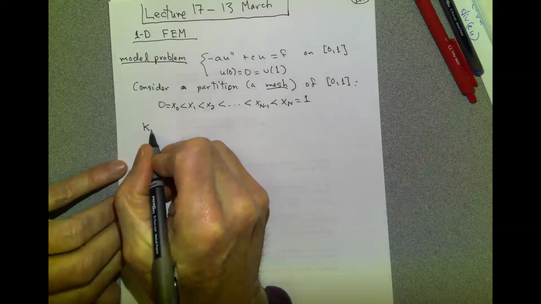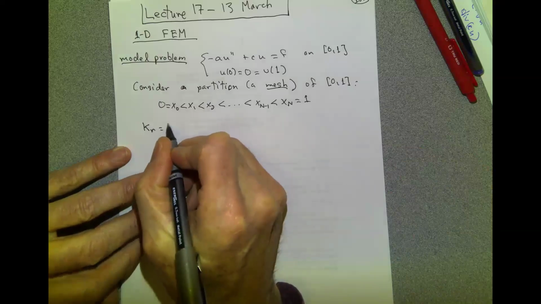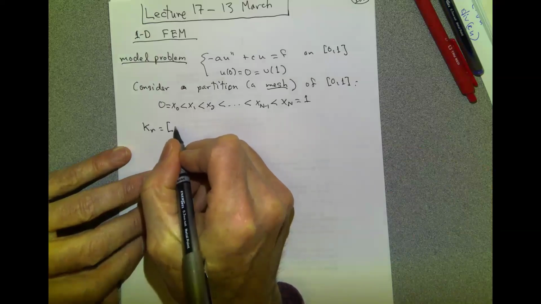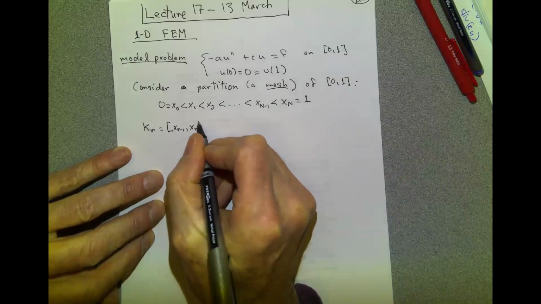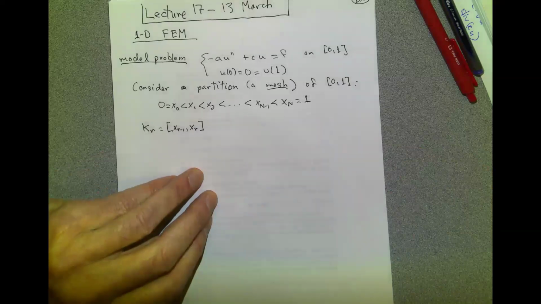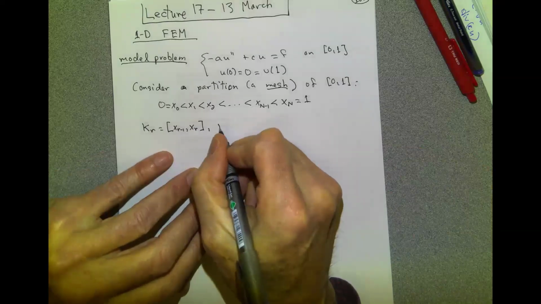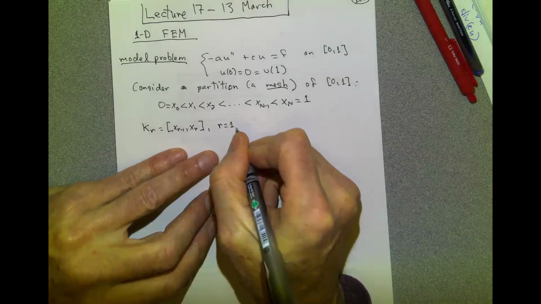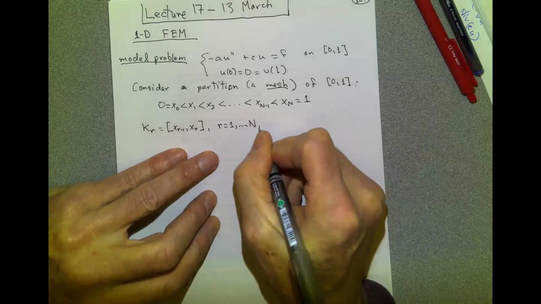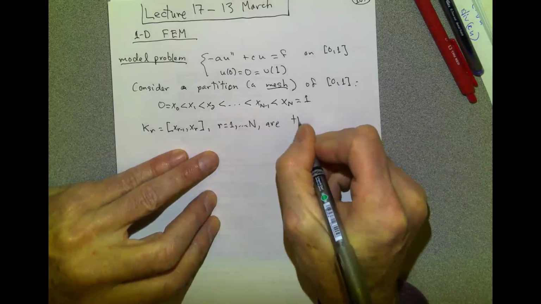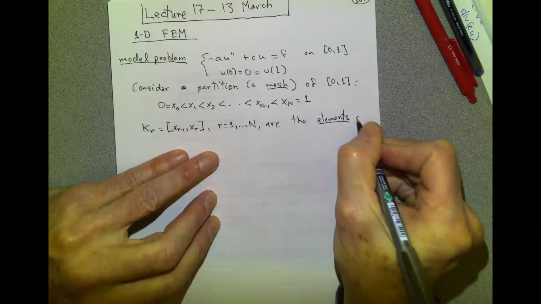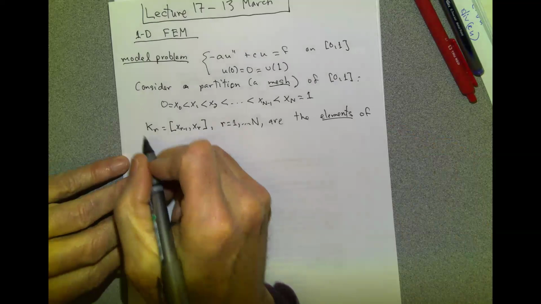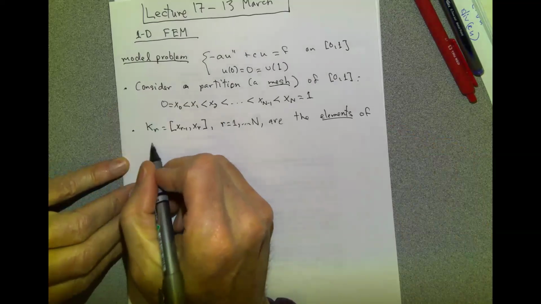K_r, that goes from what to what? That goes from x_{r-1} to x_r, is an element of the mesh. So r goes from what to what? r goes from 1 to capital N, these are the elements of the mesh.